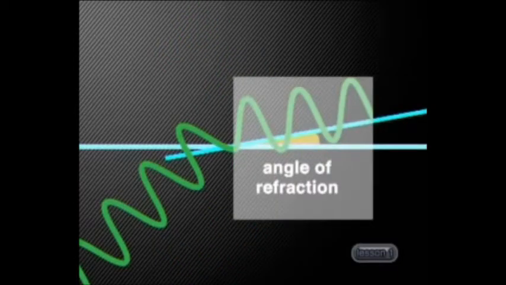Refraction takes place when the speed of the wave changes as it enters a new medium. This change of speed will cause the wave to bend if it meets the boundary at an angle of incidence greater than 0 degrees. Let's see if a three-dimensional wave can also be reflected or refracted at a boundary.